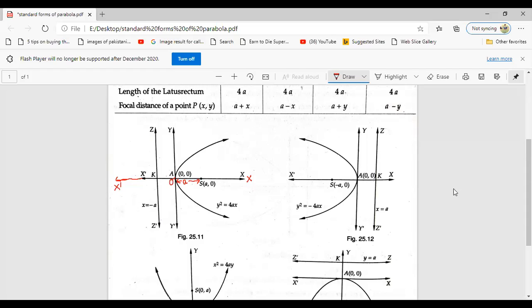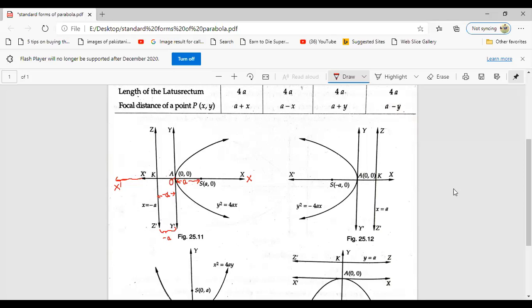The origin is the vertex of this parabola. As you have seen, this distance is a, so on the other side this distance will be minus a. I told you that the line is at an equal distance from the focus.